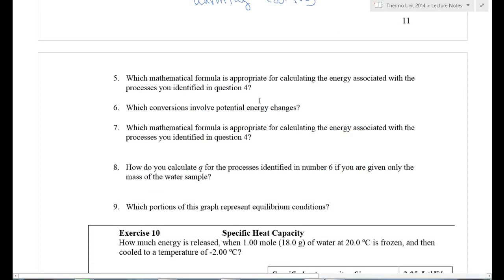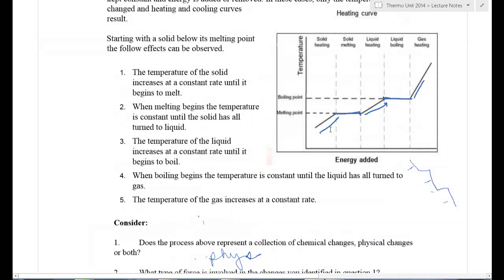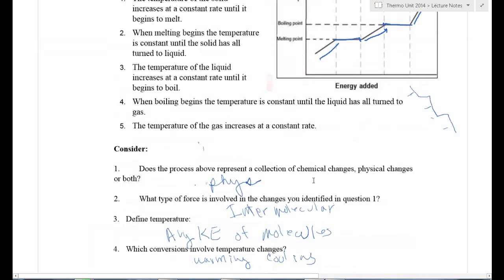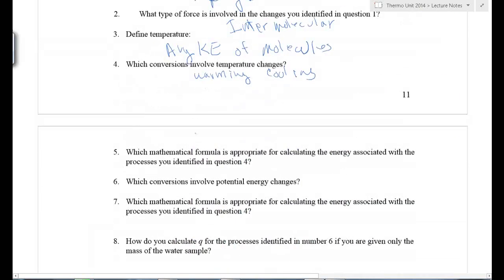Okay, so what mathematical formula is appropriate for calculating the energy change in the process defined in question 4? So that would be, let's say, warming. So here I have some temperature change going on. I have some heat capacity that is specific to the material, so I'm going to use my Q equals MC change in T.